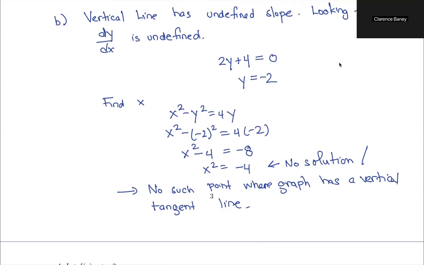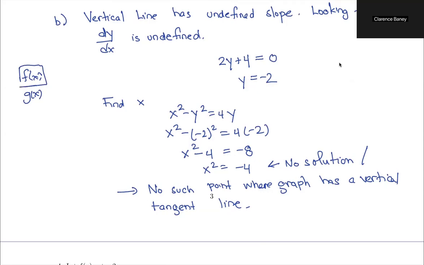The main thing I need you to get out of this is that a vertical line has an undefined slope, and it's that recurring idea that if you have a rational function, like f of x over g of x, if you want to know where the function is equal to 0, you set the numerator equal to 0.